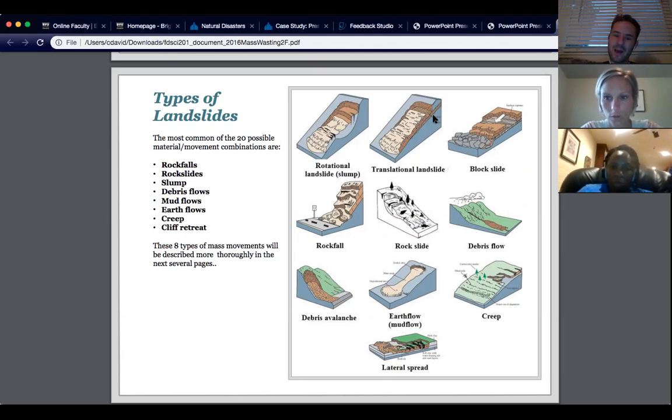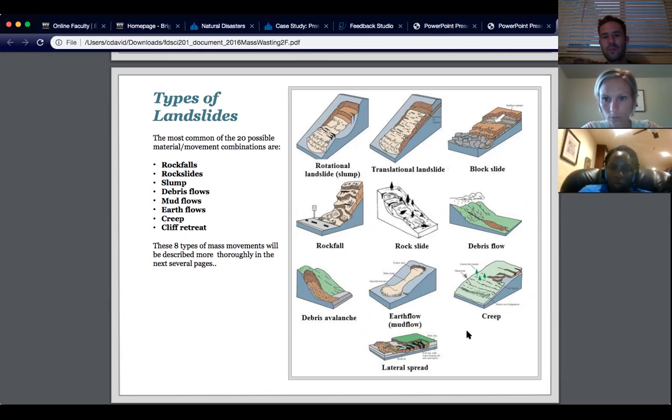A debris avalanche is similar, except it's all slumping off an area, taking a whole side of the mountain down, like an avalanche of mud and dirt. Then a mud flow is just a big flow of mud. That's simple, easy to understand. And then creep is just the side of the mountain slowly coming down.